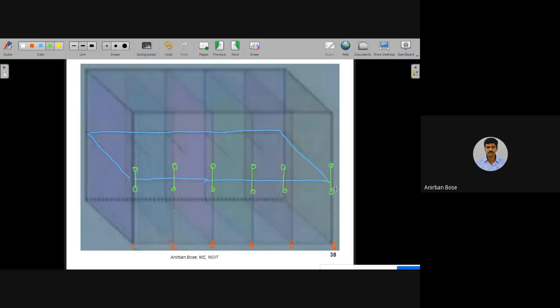Now, I am not showing the other atoms. Definitely, there are atoms present along the vertical direction, and along the horizontal direction also the atoms are there. I am not showing all these atoms. We are just showing the atoms which are just above and below that particular plane.